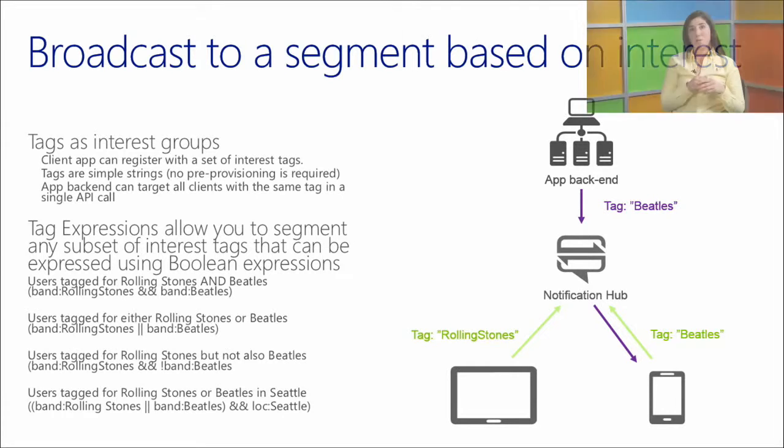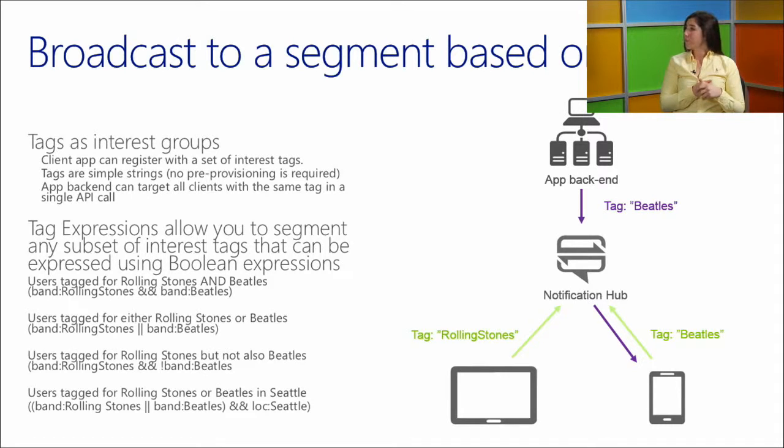Or if you want to send to someone who's a Beatles fan but not a Rolling Stones fan, you can. Or if you want to send to everybody who's not a Rolling Stones or a Beatles fan, you can do that as well. And this was a recent update we released that made things go a lot smoother for customers, building on that efficiency that we always want to deliver in terms of what you can do with a single call instead of having to make multiple ones and make more requests on the backend.